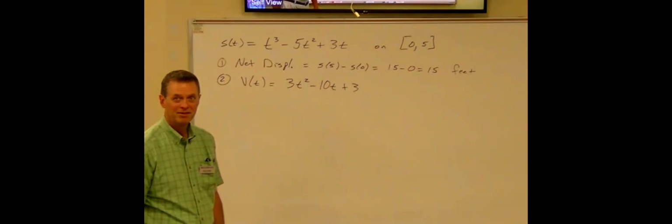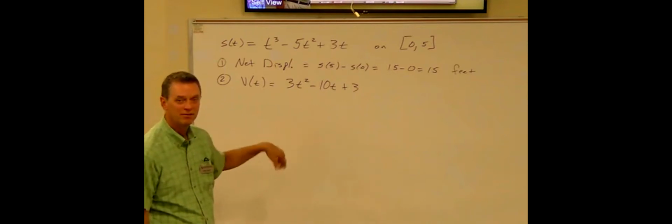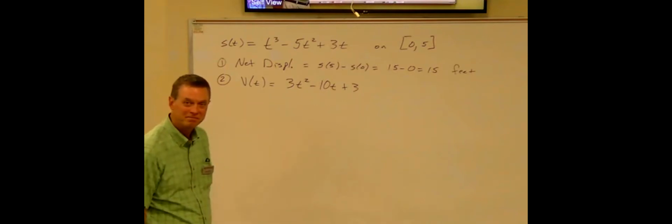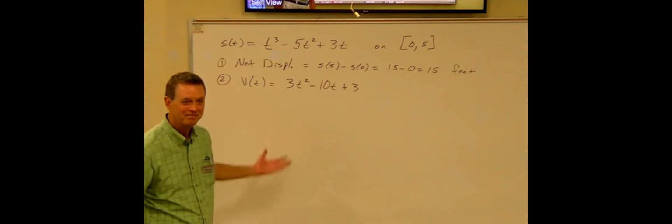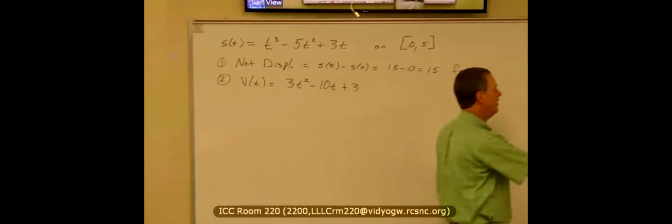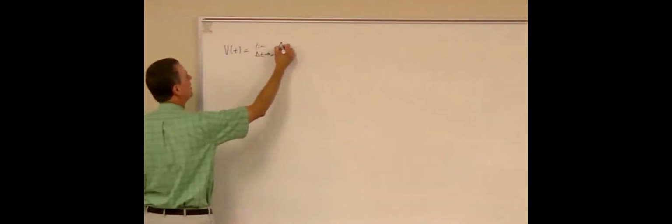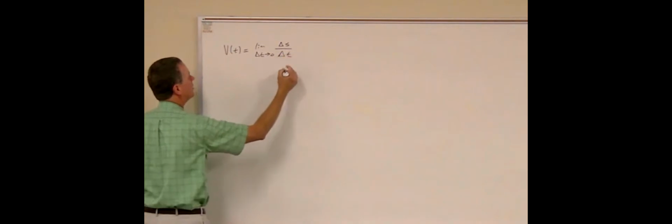So do I want to go through that process, or do we feel like we can do that? Kind of? Okay, we'll do it one time real quick. V of t was defined as the limit as delta t goes to 0 of delta s over delta t.